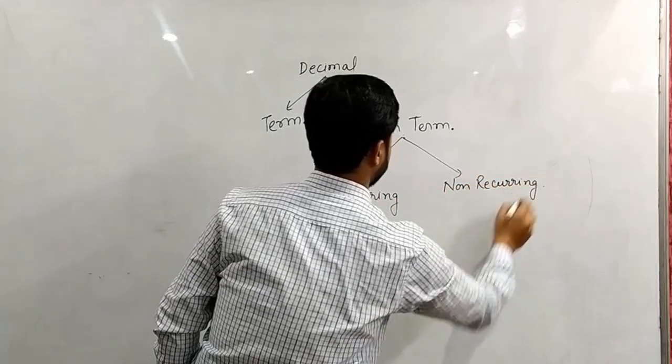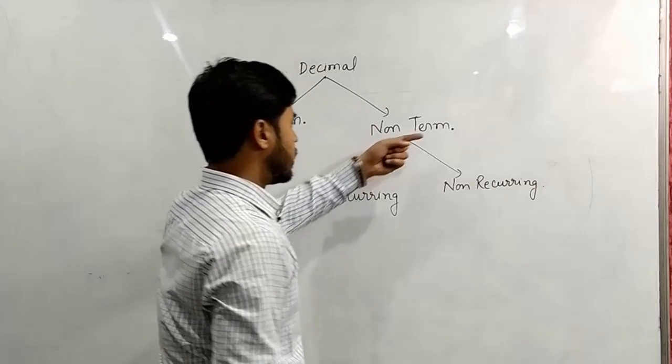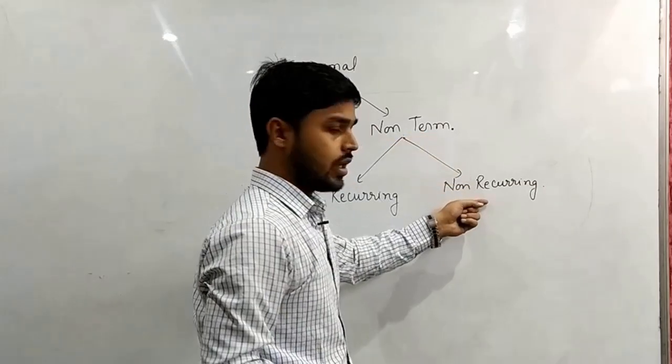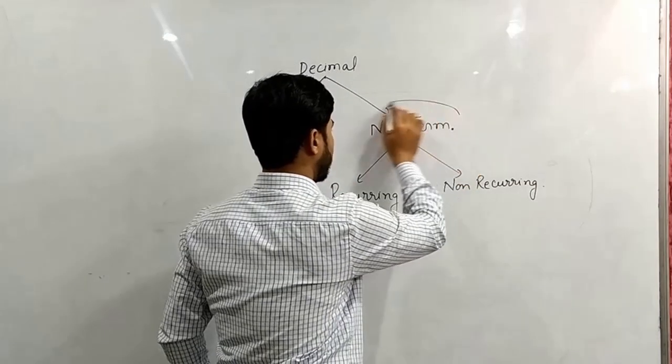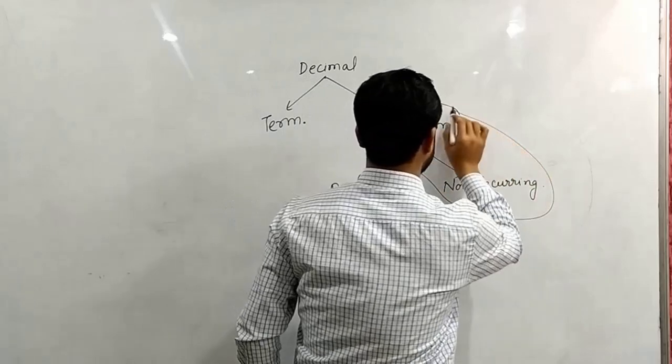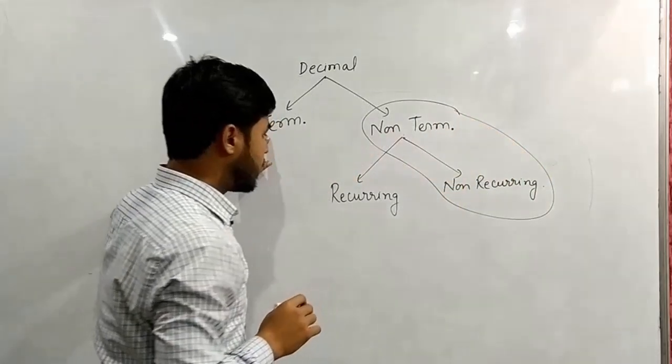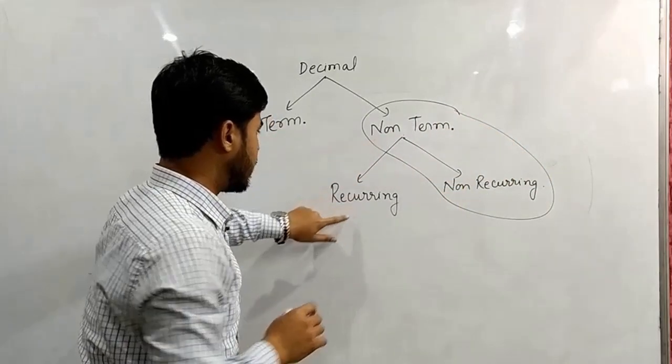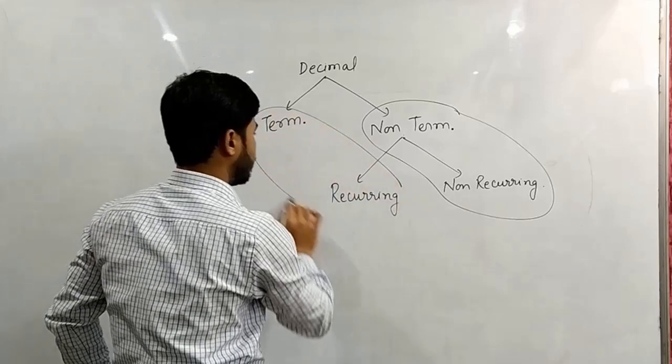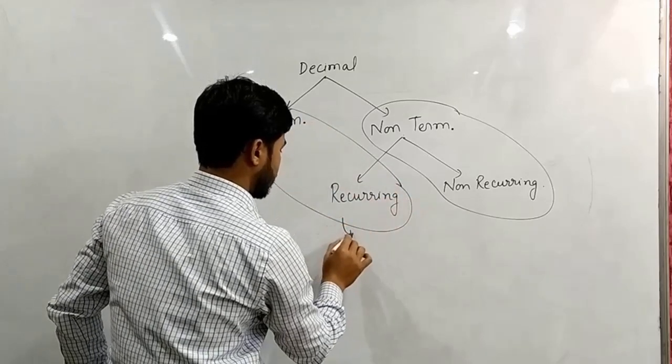I explained in the last video that non-terminating and non-recurring come under the category of irrational numbers. It means terminating and non-terminating recurring come under the category of rational numbers.